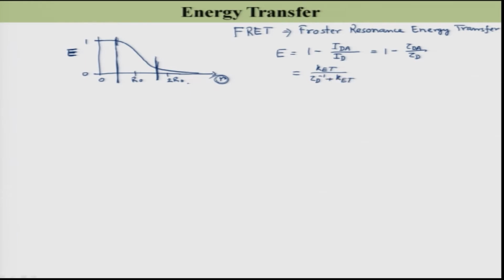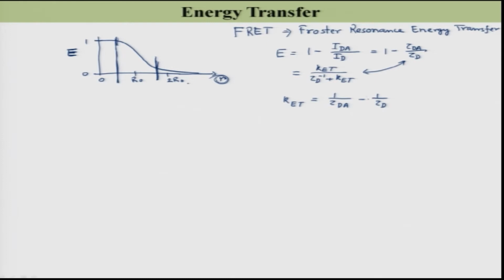So, I can simply equate this with this. If you do so, what you ultimately get is k ET is equal to 1 over tau DA minus 1 over tau D, just after simplification. The result will come this way.